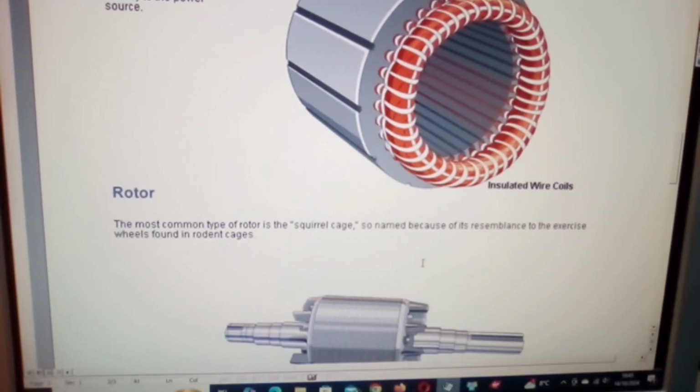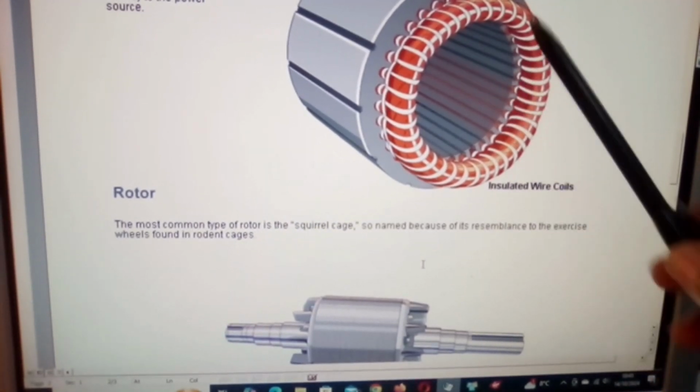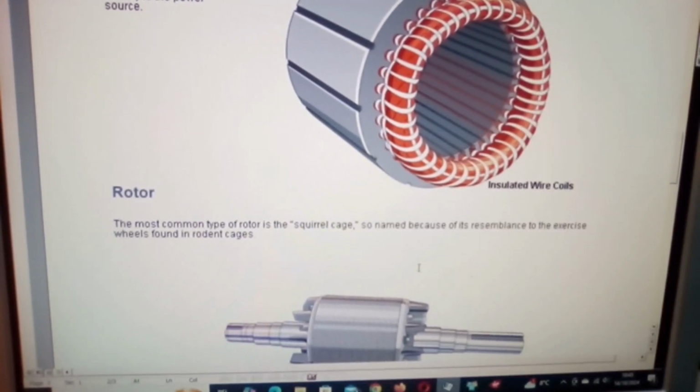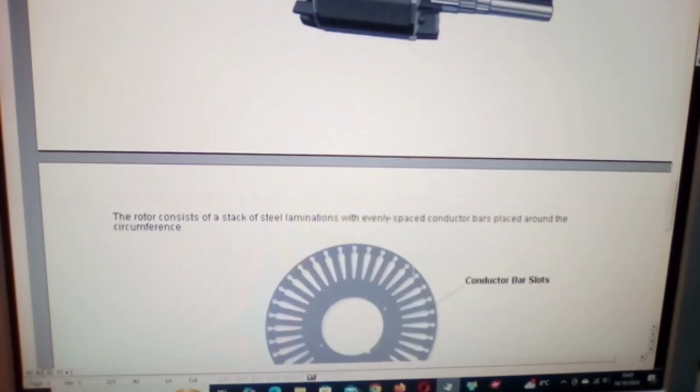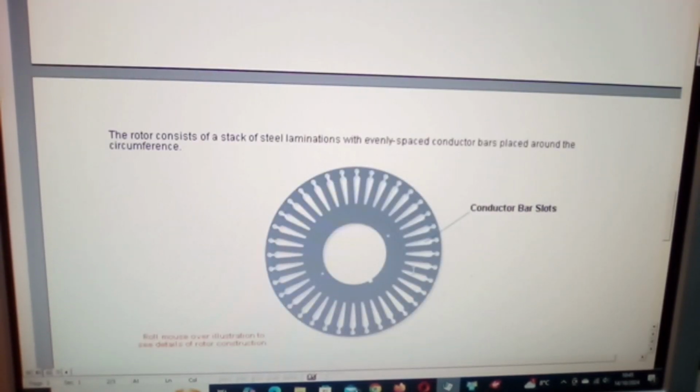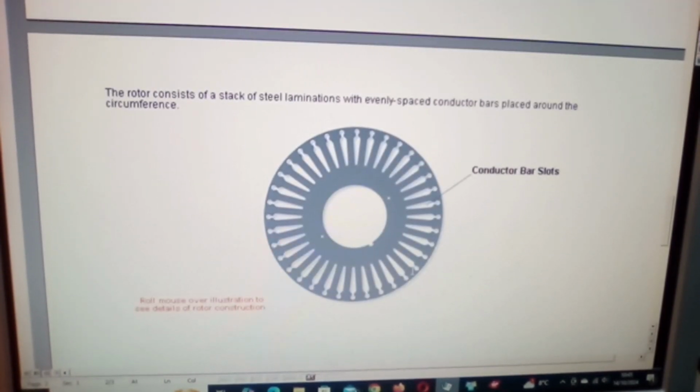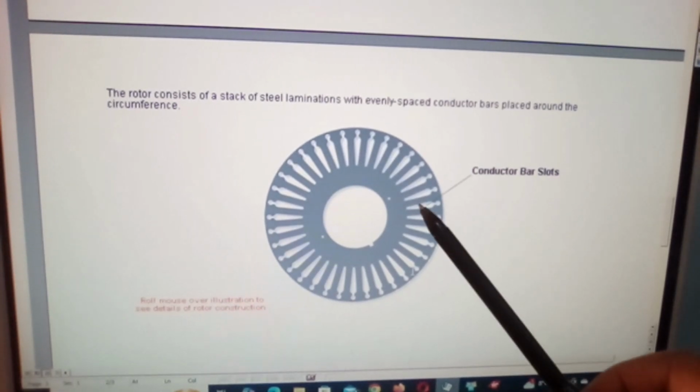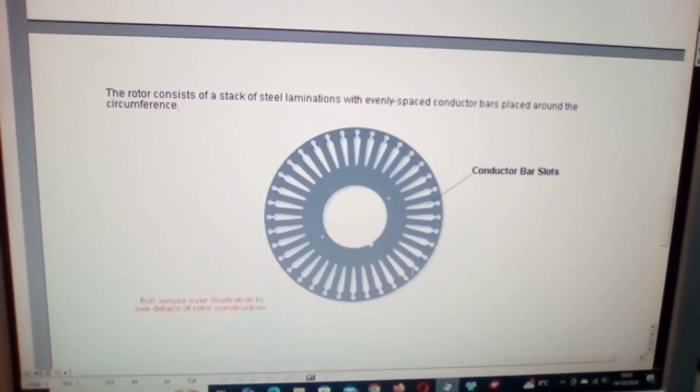Here we have the cable type, but here you're looking at what we refer to as bars. And let me see if we go down. So you have your conductor bar slots.